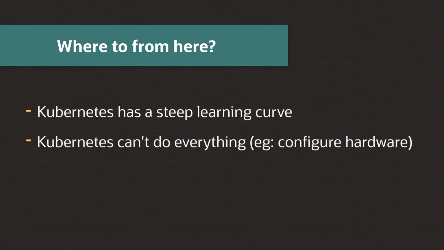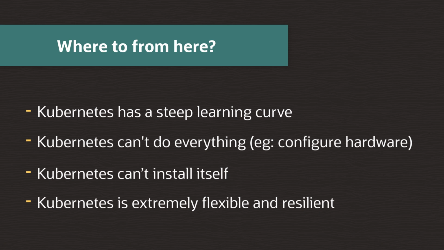These need to be created and then made available for Kubernetes to use. It cannot install itself onto a node. Someone else has to install it. It cannot create any other resources that may subsequently be needed for use. For example, it can't install file systems for storage, etc. Kubernetes is, however, extremely flexible and very resilient at managing complex microservice-based deployments.